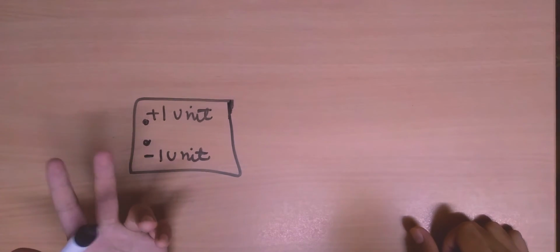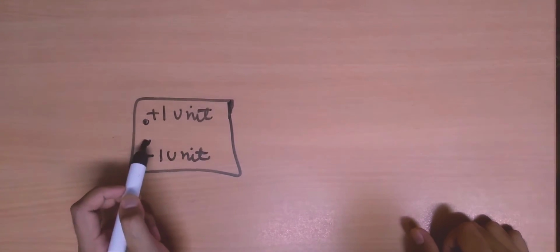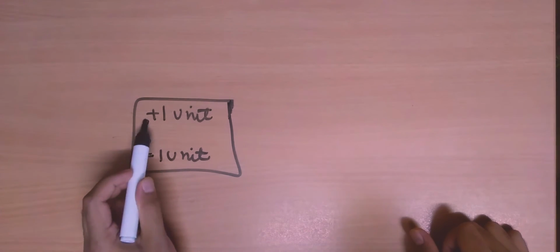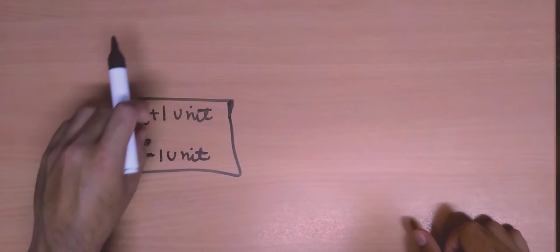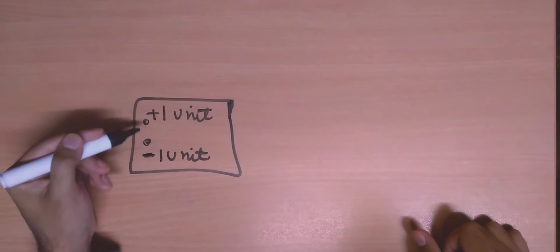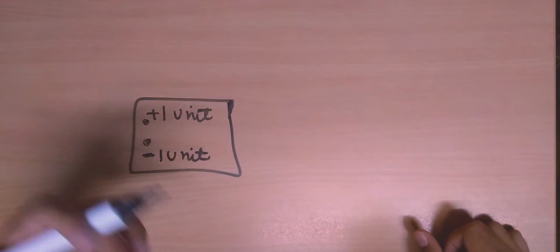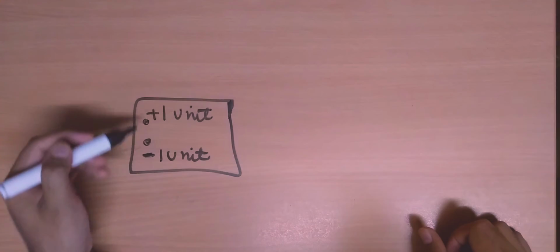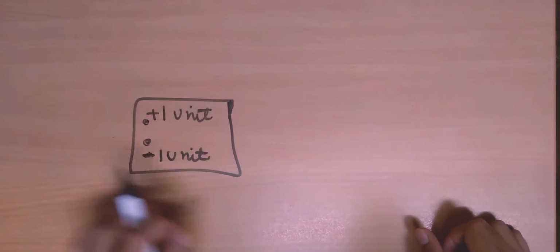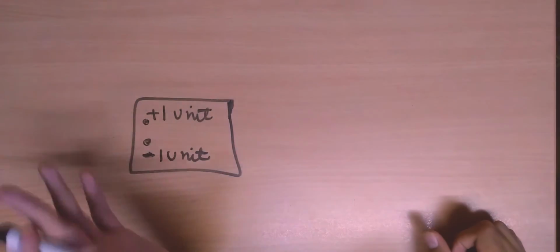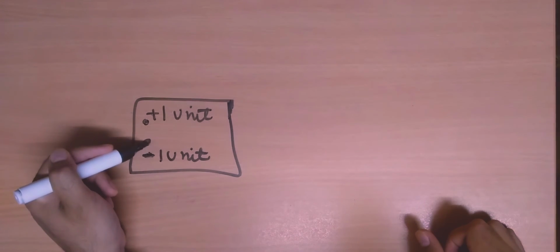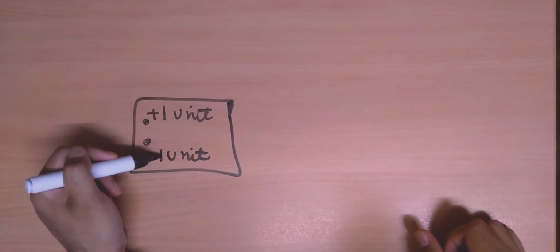That might sound weird, but I can have two charges inside the box that have opposite signs. I have one positive charge and one negative charge, but the overall or net charge inside the box is 0, because plus 1 minus 1 is simply 0.